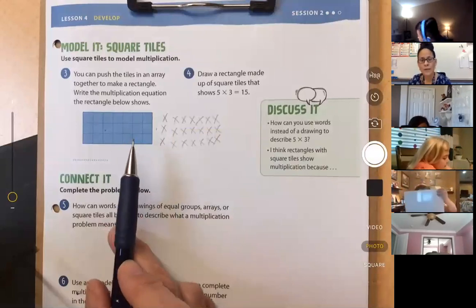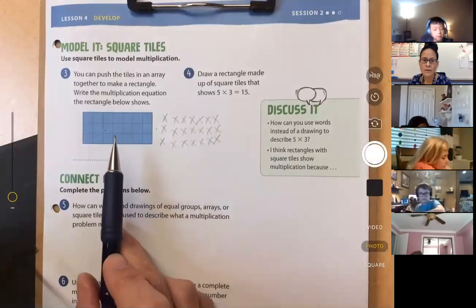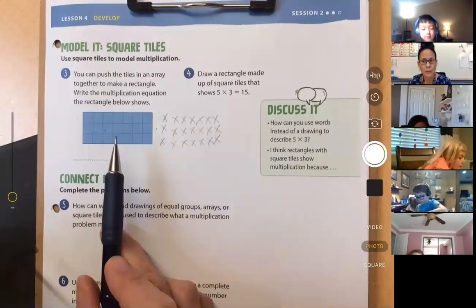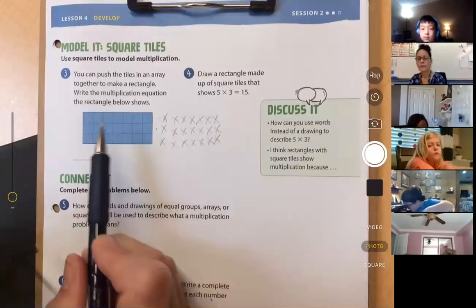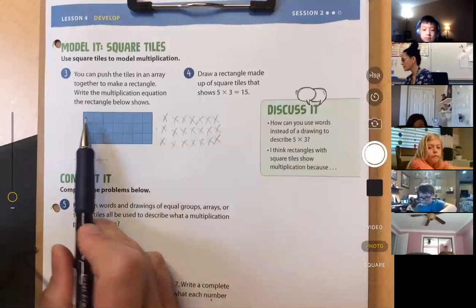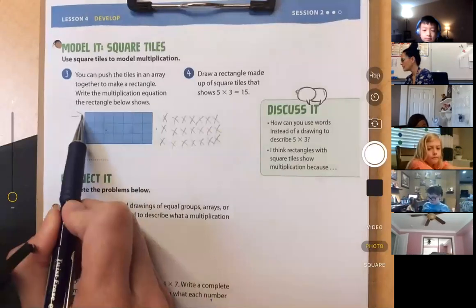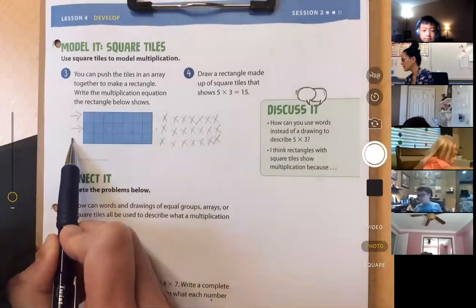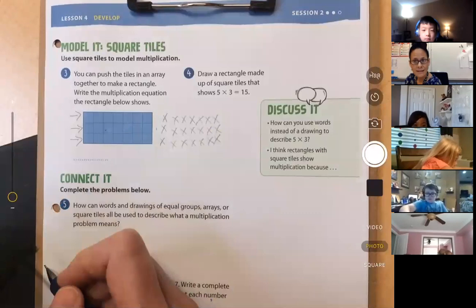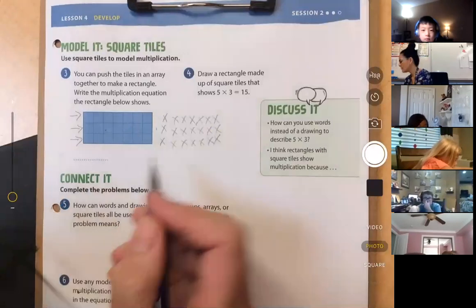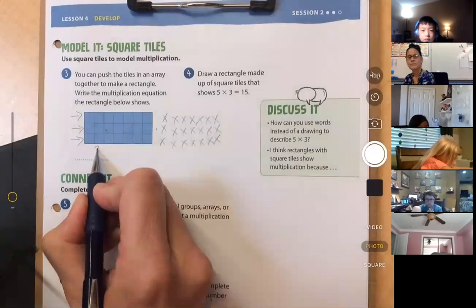Okay, so if I were to take a look at my array and build a multiplication equation to represent that, I would clearly see when counting my rows, again, the rows go across. Here's 1, here's 2, and here's 3. So I know my first factor in my multiplication sentence is going to be 3.